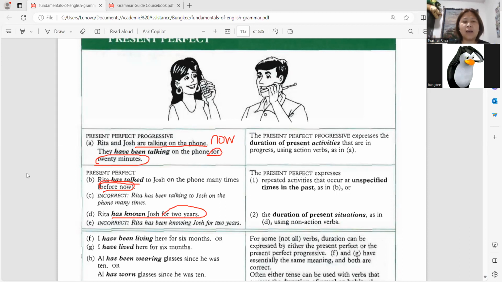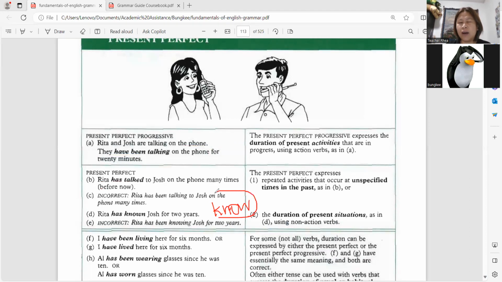You might say, teacher, why is it not present perfect progressive? Because Rita still knows Josh. It's not an action verb. Know is not an action verb.